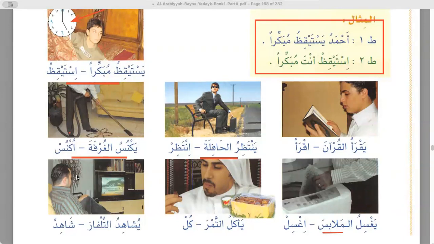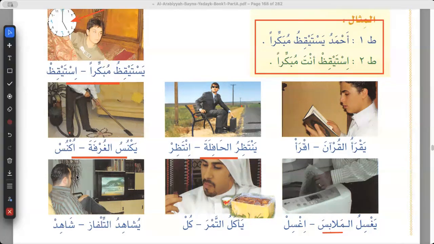Yes. Uknus ghurfa. That's not uknusu. Uknusil. Okay, uknus ghurfa.